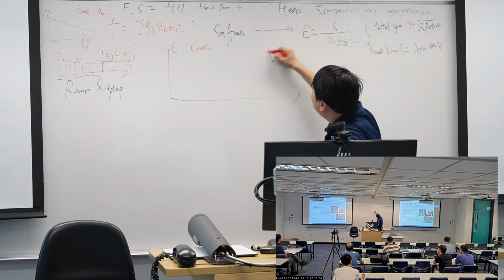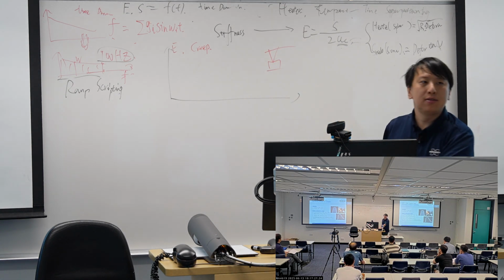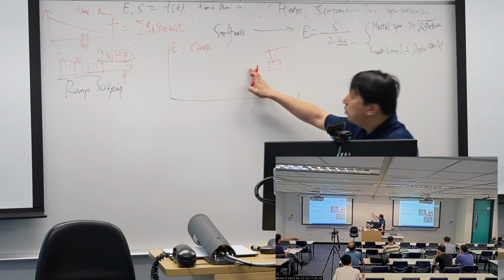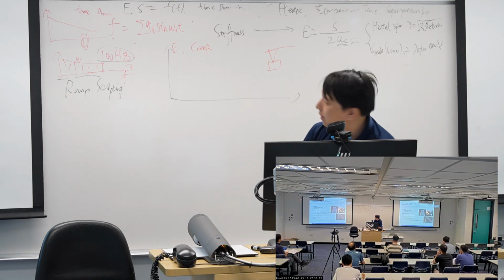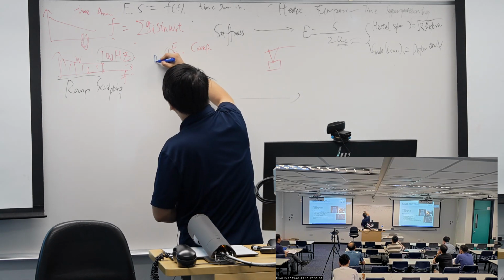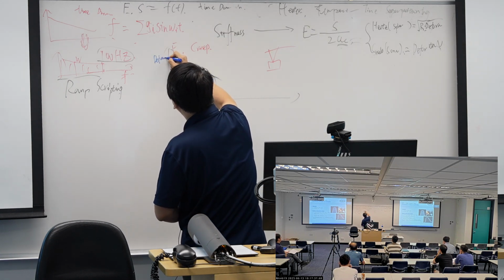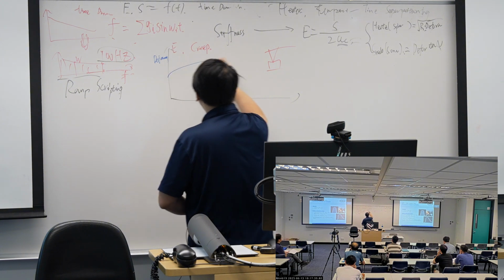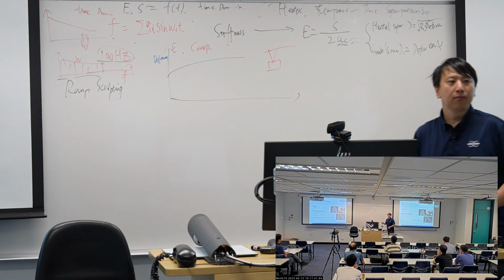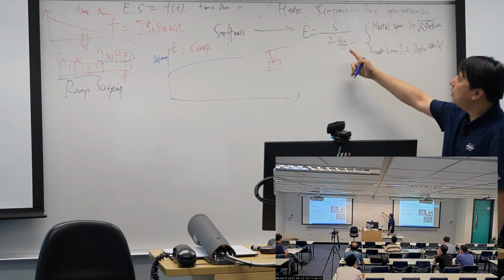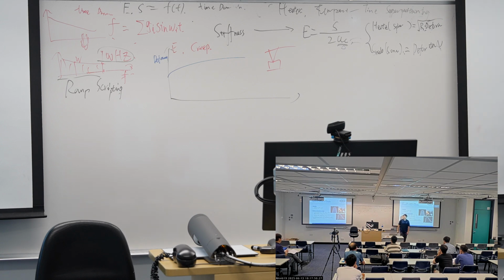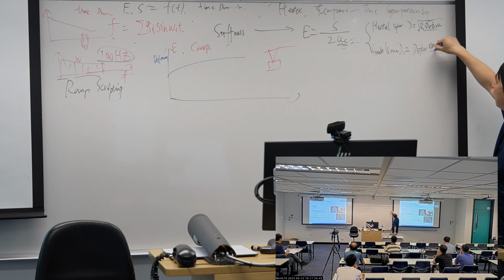Once we hold the probe on the surface, the sample will start to creep. If the sample is creeping, the deformation is changing against the time. So the probe will penetrate deeper, deeper, and deeper. As such, the contact radius cannot be a constant value. It will also change against the time.